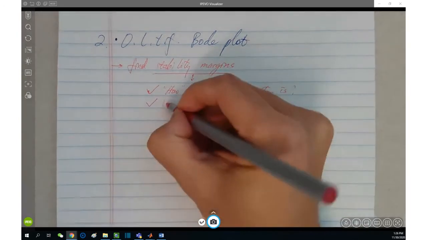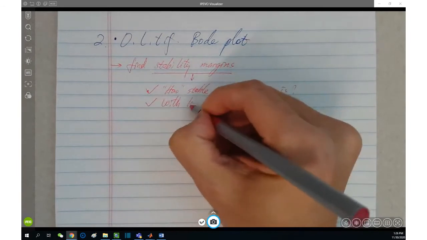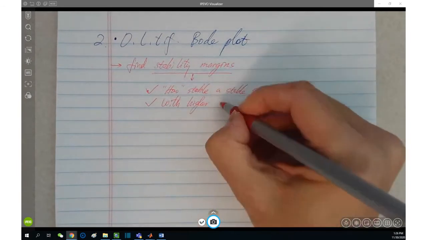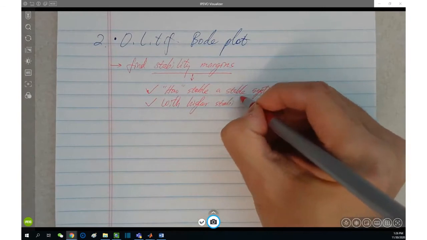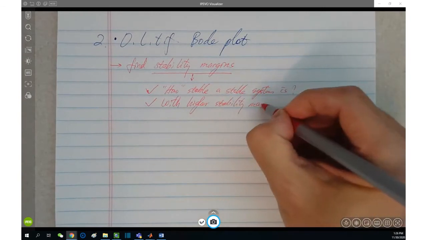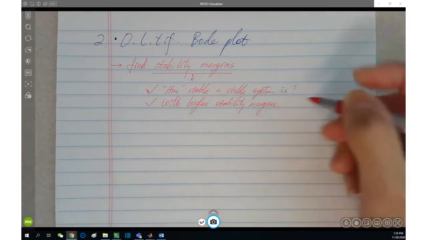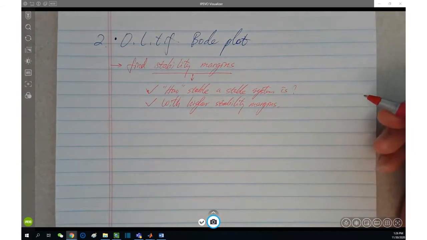Let's say with a higher stability margin, the system is going to be what?